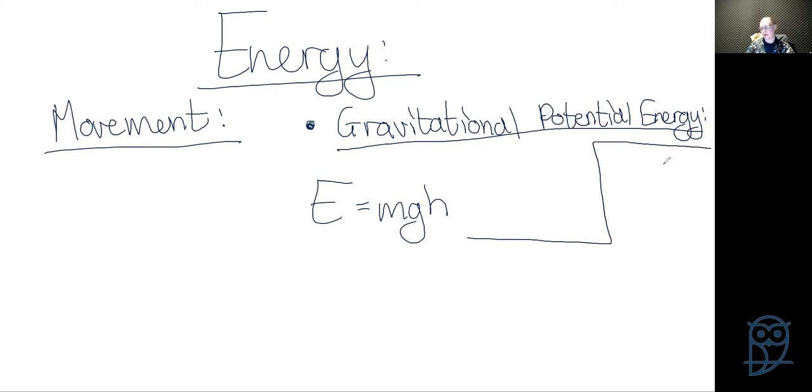So if we have a table or a wall or something, and we are going to put an object over here, how heavy this object is will mean that it can fall faster and actually hit the ground harder over here. So gravity tries to pull this object down.